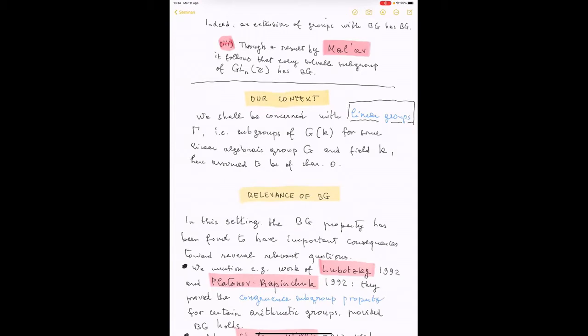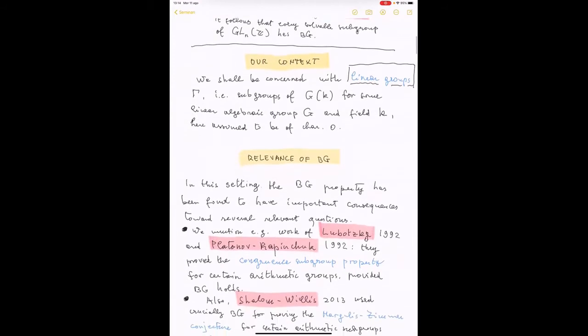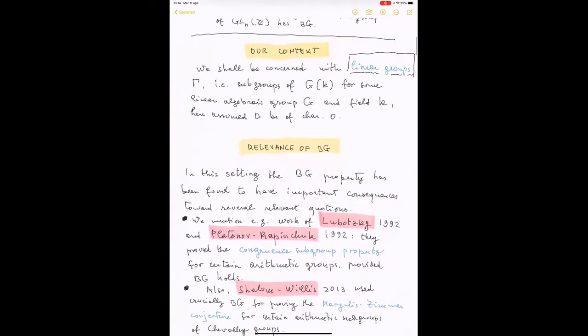So let me go to our context, which indeed concerns linear groups gamma, by which I mean subgroups of points of some linear algebraic group defined over some field K, assumed in the whole talk to be of characteristic 0.